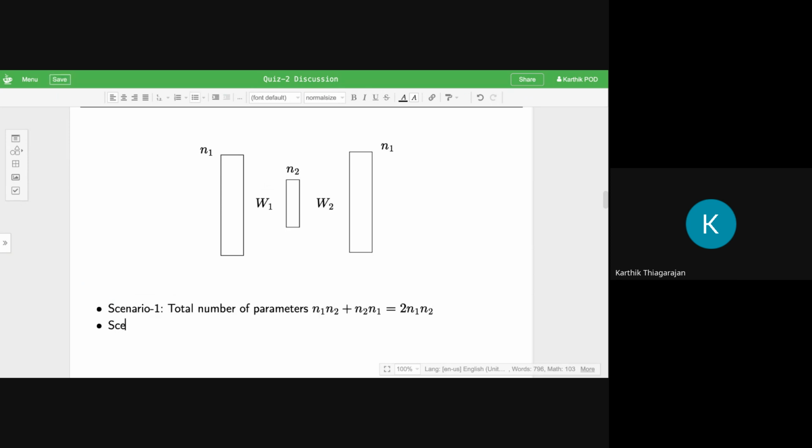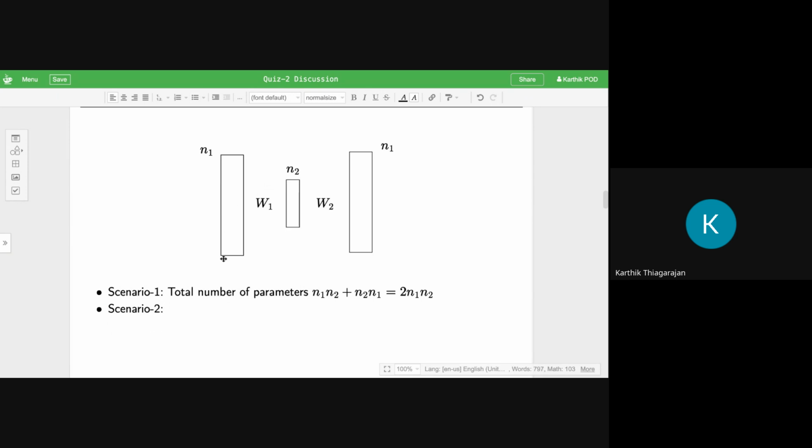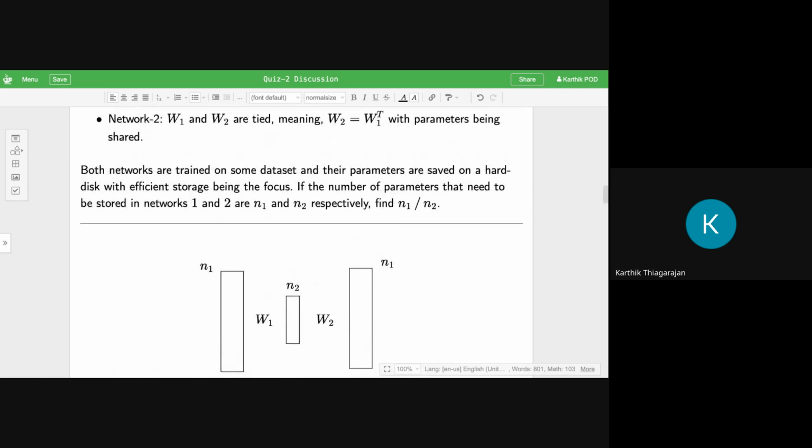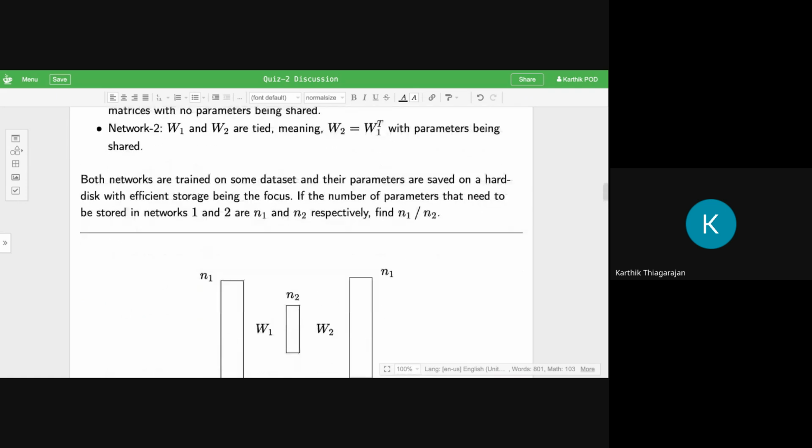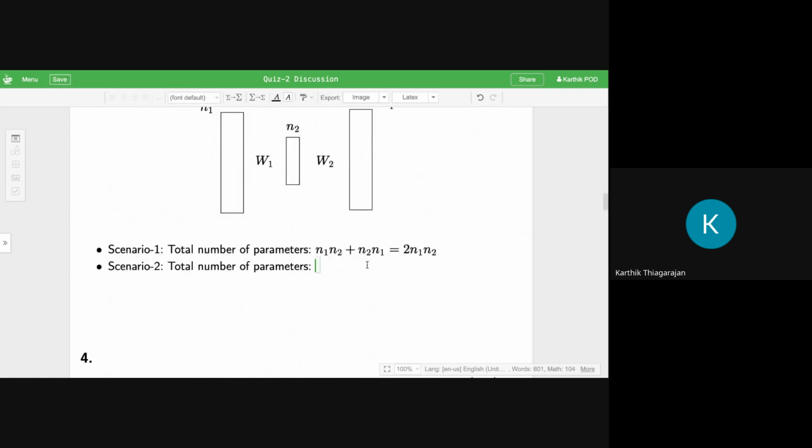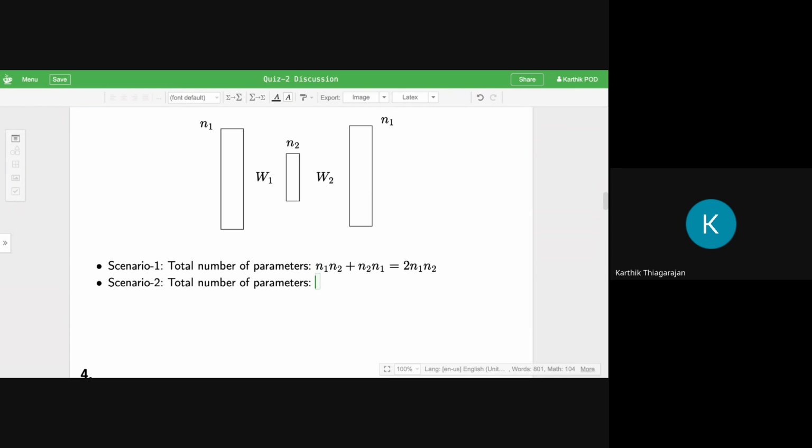What is going to happen in scenario two where the weights are tied? Can someone tell me what you got? If your weights are tied, meaning W1 is W2 transpose or vice versa, you'll have N1 N2. That's all, right?